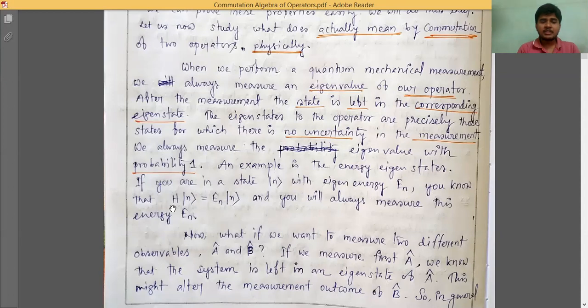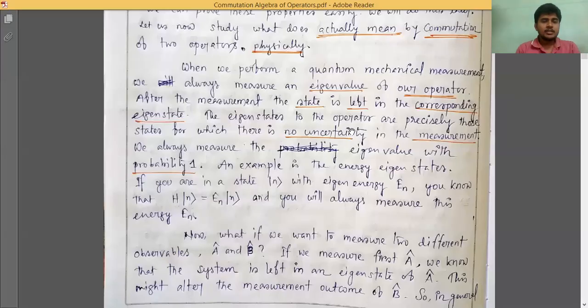H is the given operator, the Hamiltonian operator, and E n is the energy eigenvalue of the same operator, where the given function, the ket n or the state n, remains the same. That means after the measurement, the state is left in the corresponding eigenstate. The state at first was in the state n, and after the measurement, the state remains in that state. So we always measure the eigenvalue with probability 1.